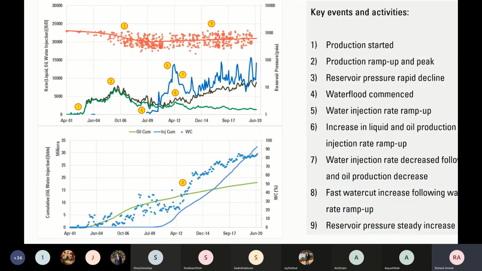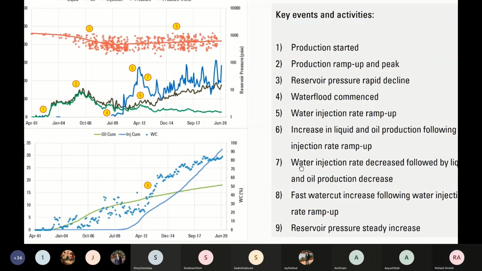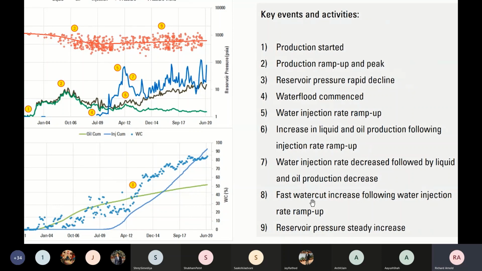We need to be careful there. If you increase your injection, it will give you higher production, but what about the water cut? Water cut is our enemy. We don't want it to increase rapidly. So this is the problem here.